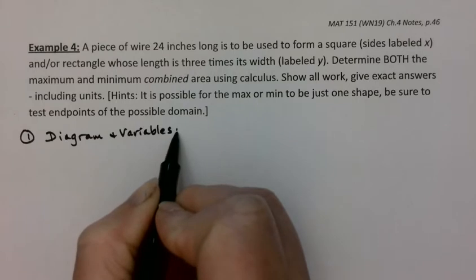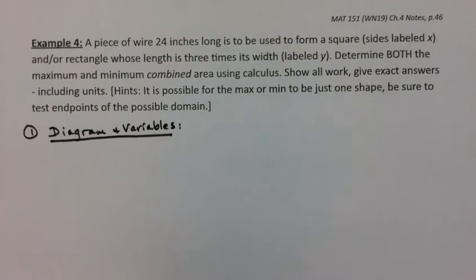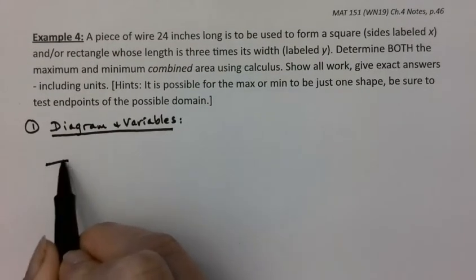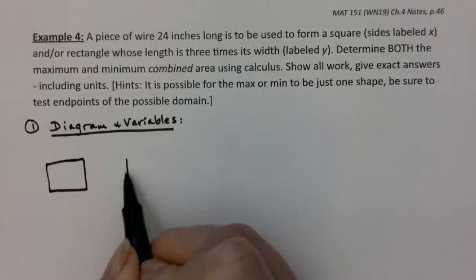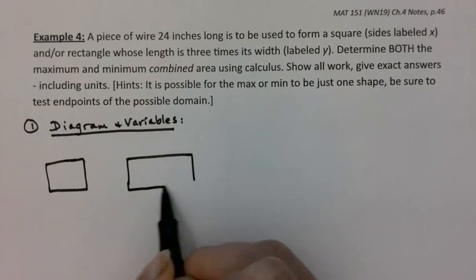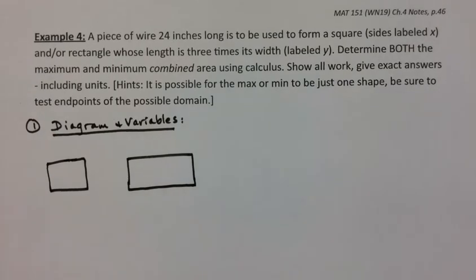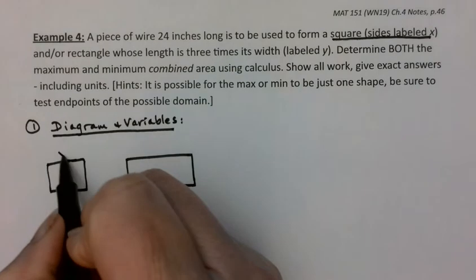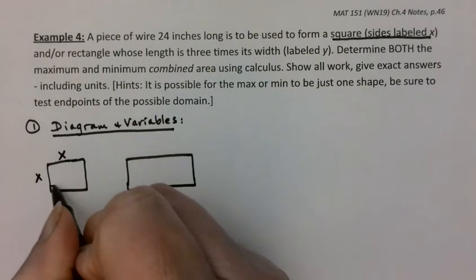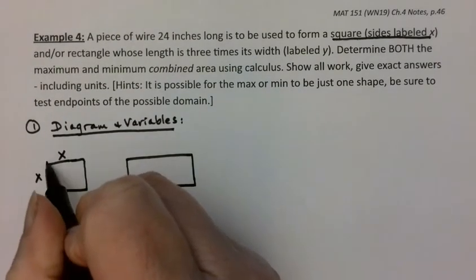All right, well, we can make a square, right? And/or we can make a rectangle. I'm not sure that I'm doing a very good job with drawing these, but bear with me here. Now it said that the square has to have sides labeled X. So we want the sides of the square labeled X. Pretend this is a square.